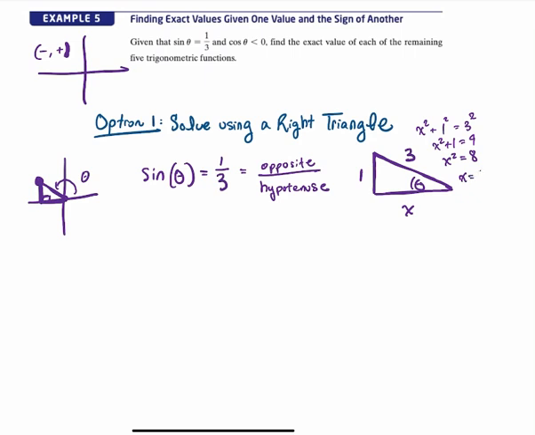So x equals plus or minus the square root of 8. And just a quick recap on reducing square roots. If we have the square root of 8, we can view that as the square root of 4 times 2. And I know the square root of 4 is 2, so that 4 can come out as a 2 on the outside, 2 root 2.